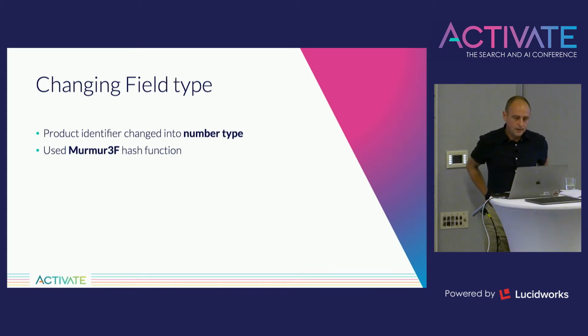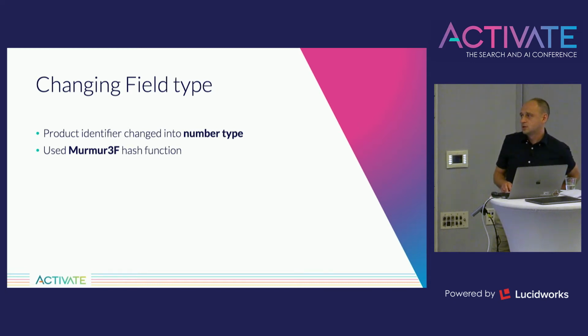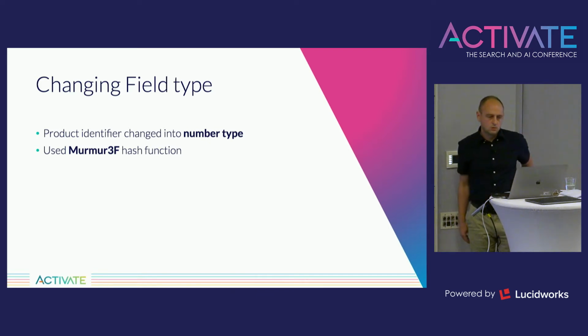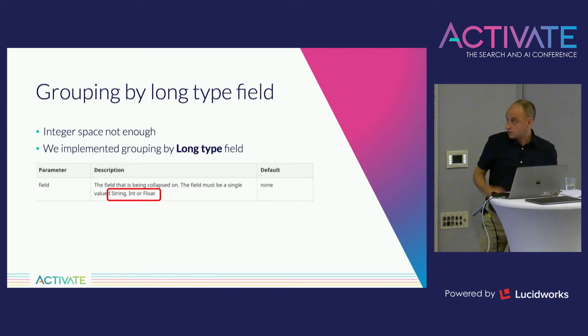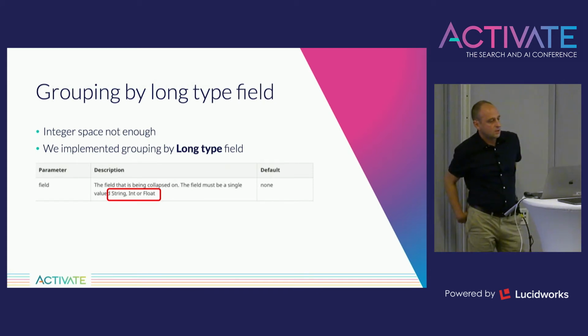First, for our product identifier, we use a string identifier. And we would like to check whether changing this identifier to a number type identifier would make our request faster. We used the murmur-free function to generate a number type from our string identifier, but unfortunately, for our case, the integer space was not enough.